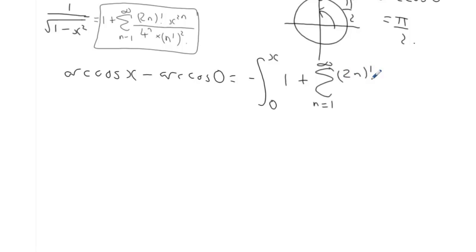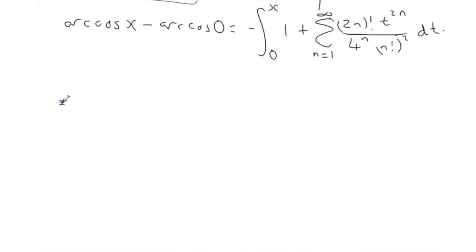X to the power 2n will become t to the power 2n. And on the bottom, you've got your 4 to the n, which just stays. And then you've got an n factorial squared, which just stays. This is with respect to t.